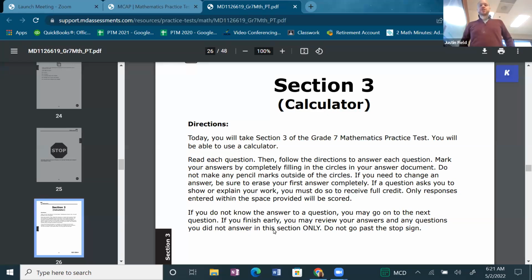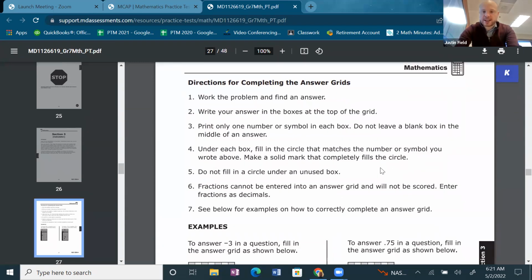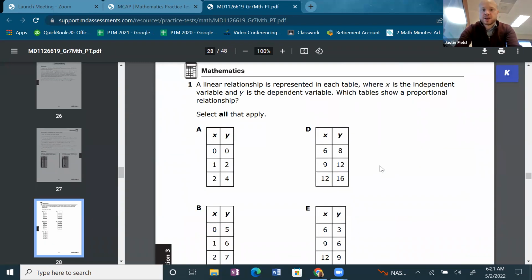All right, this is section 3 of the Math 7 MCAP practice test. This is not the easiest section, but keep this in mind as you're taking this MCAP test.